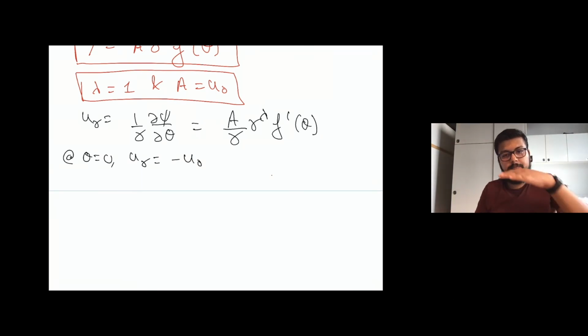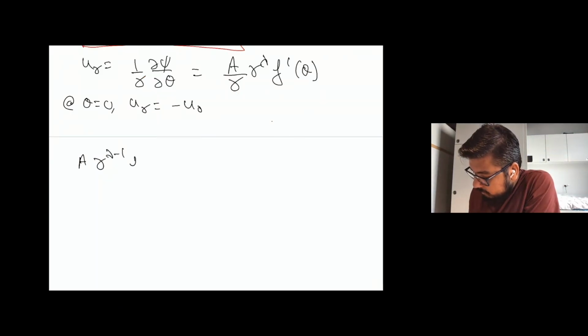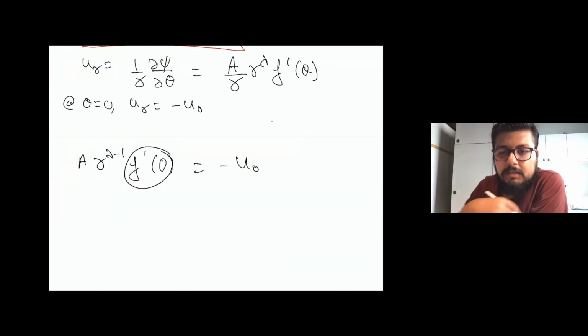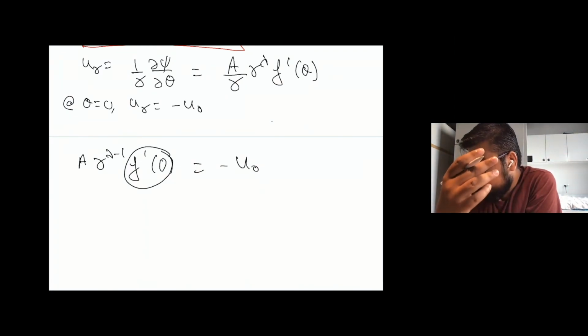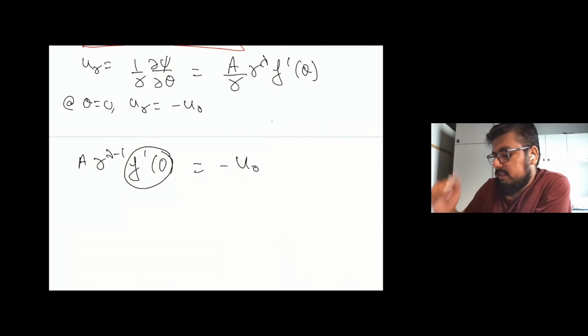And this is because the bottom plate is moving to the left with a velocity u naught if we sit in the reference frame of the scraper. What it gives me is A times r to the power lambda minus 1 times f prime of 0 is equal to minus u naught. Of course, we are going to assume that this f is a function of theta, and furthermore that f is dimensionless, so f does not have any dimensions.